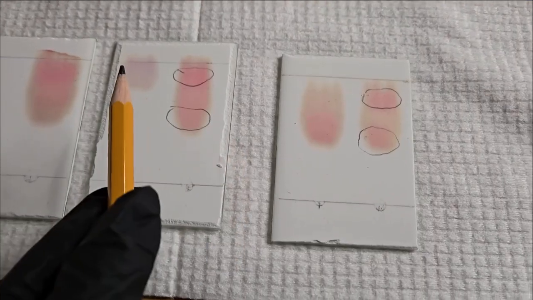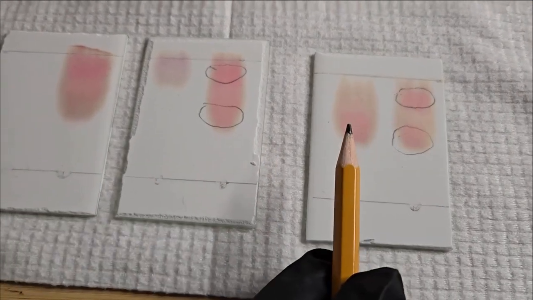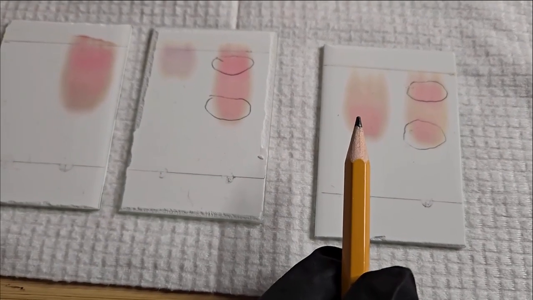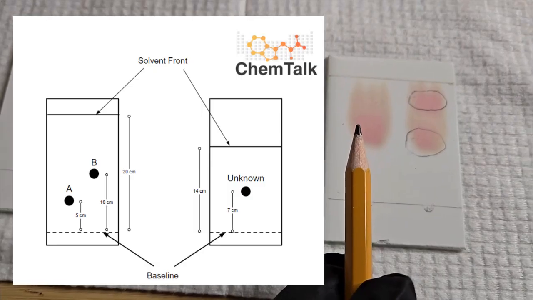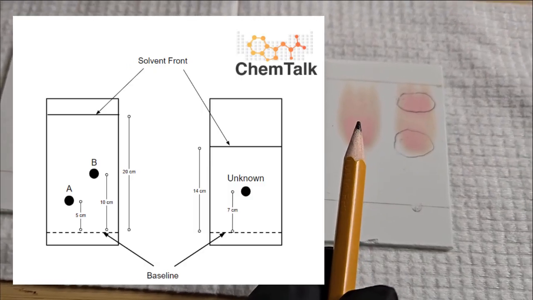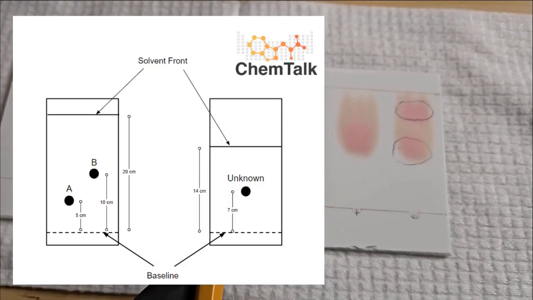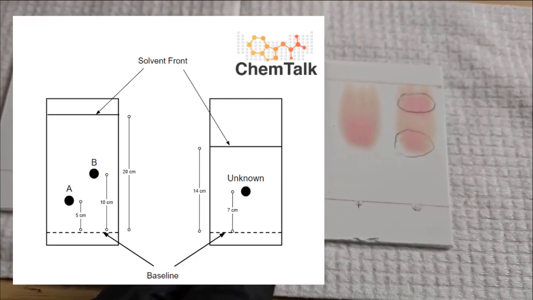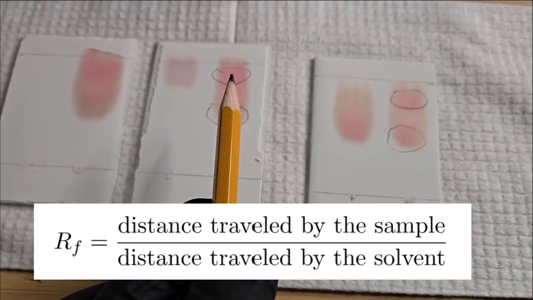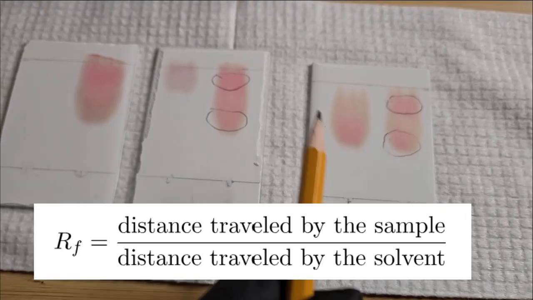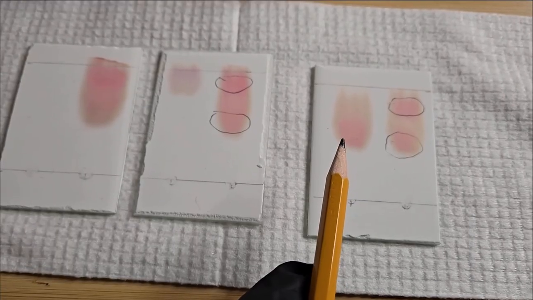Now, if we hadn't run these standards, but we knew what the Rf values were, we can calculate the Rf values for the unknowns and compare them with known Rf values that were previously calculated.